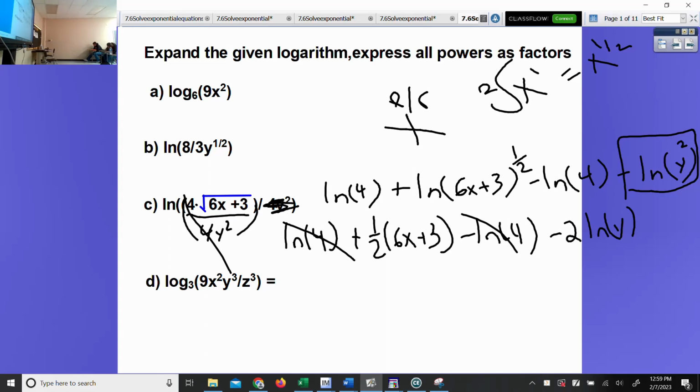By the way, D is not a natural log, it's a log of base 3. Not a natural log on D, it's a log of base 3, it's not an ln.